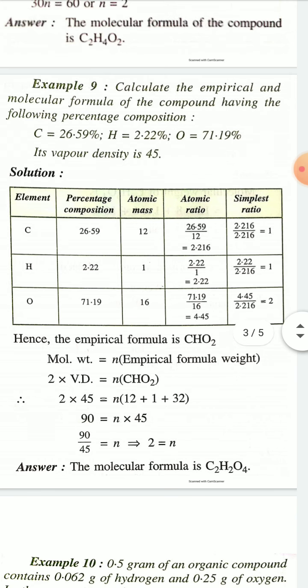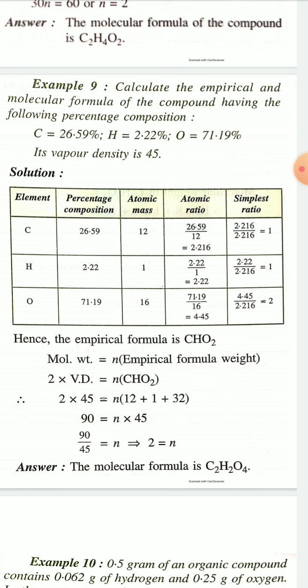So the simplest ratio of carbon becomes 1 after dividing. Simplest ratio of hydrogen becomes also 1, or nearly. If the value becomes a fraction, you have to round off to the whole number.